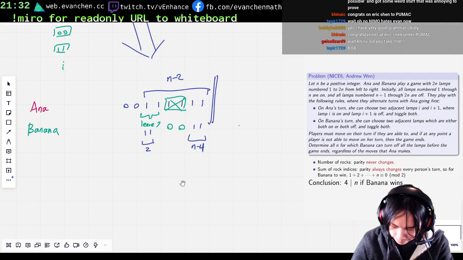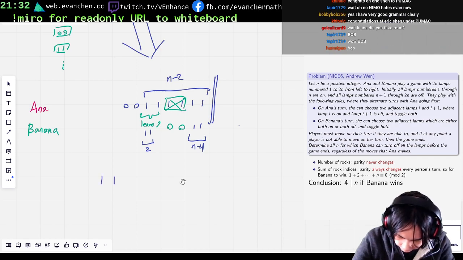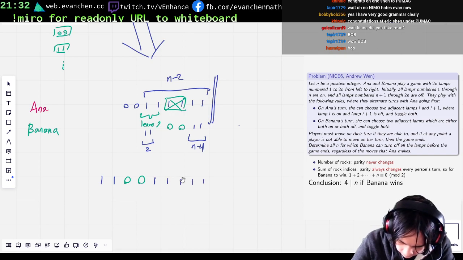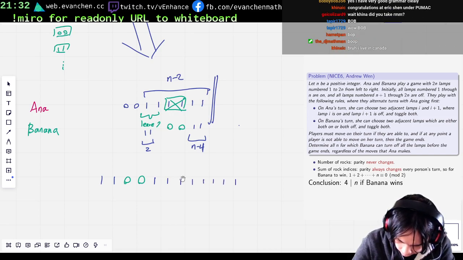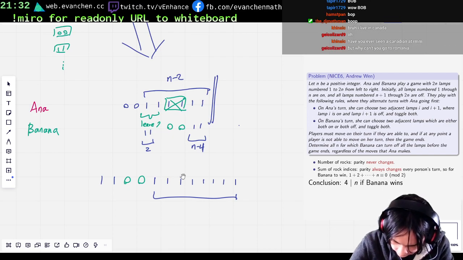So now maybe I shouldn't have used 6. I'll draw a bigger example. We have 1, 1, 0, 0, and then 1, 1, 1, 1, 1, 1, 1, 1, for example. Hang on, I messed something up. 6, 2. This is n-6.